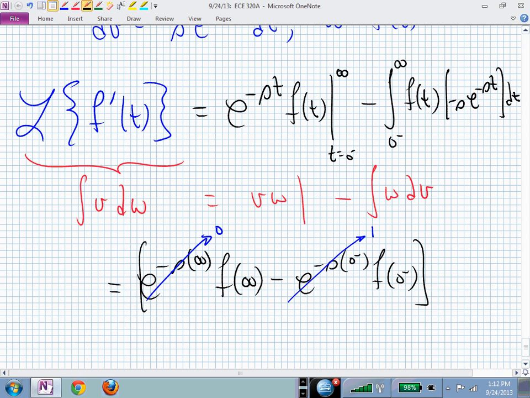And I'll leave everything else inside that integral, but now I have, that's plus, whoops, s times this integral from 0 minus to infinity, f of t, e to the minus st dt.